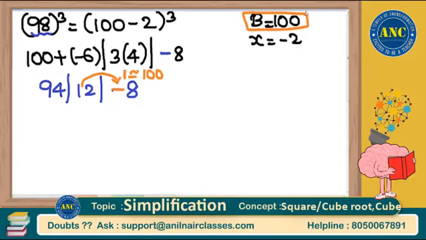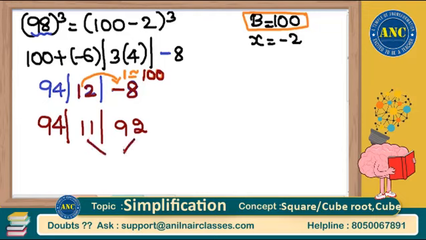If I take 1, first number 94 still remains. 1 is taken outside, it becomes 112, and then 100 is there for this person. 100 minus 8, how much does he have totally right now? 100 minus 8 is 92. He is having 92 rupees.